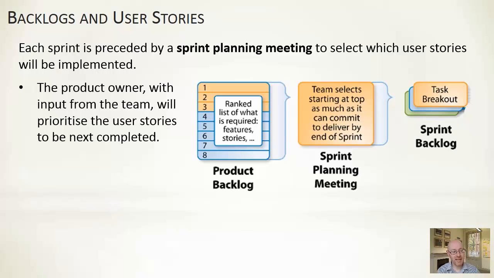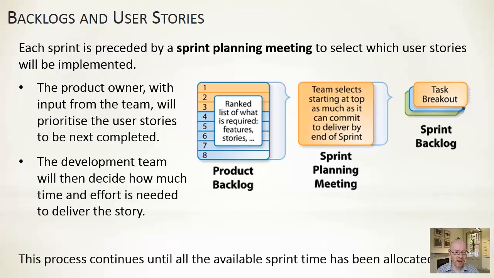The development team then looks at this and does a little bit of analysis, saying, okay, I think it'll take us maybe half a week to implement and test that particular feature. And they're deciding how much time and effort it takes. Now, there may be 2 weeks available within the sprint.